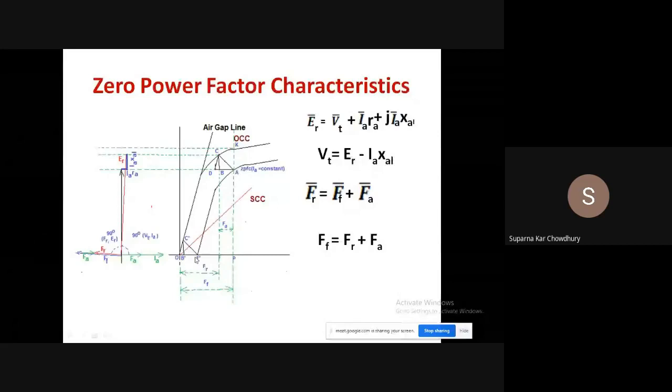Now from the short circuit test corresponding to this constant current, we get this value OF dash. This is the short circuit field current corresponding to the short circuit current. Now this OF dash is made equal to AD. So on this horizontal line, we cut this value, and through this D, we draw a line parallel to the air gap line. This line cuts the OCC at point C. So this is the point C.